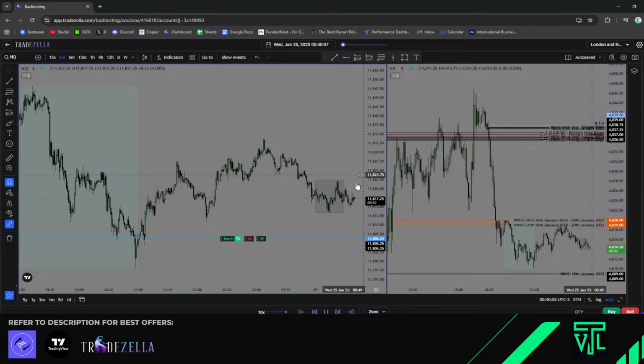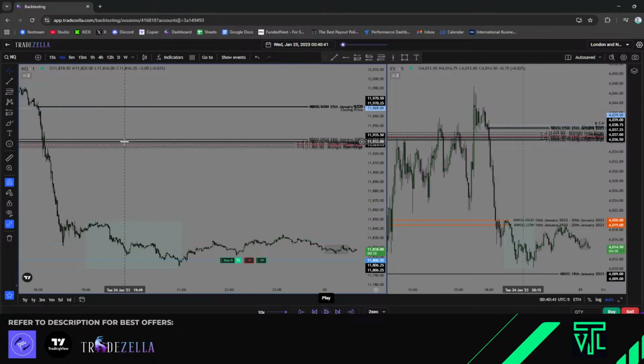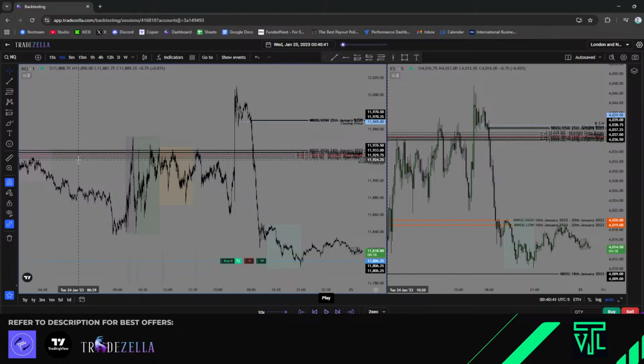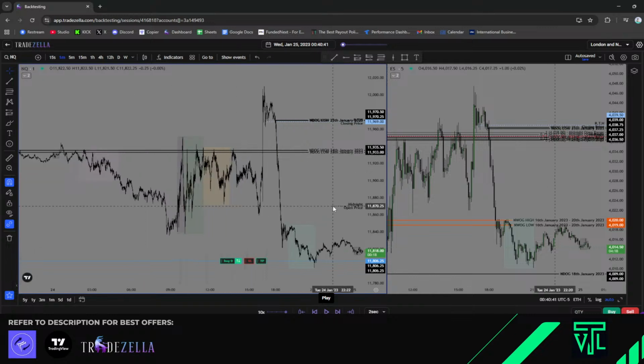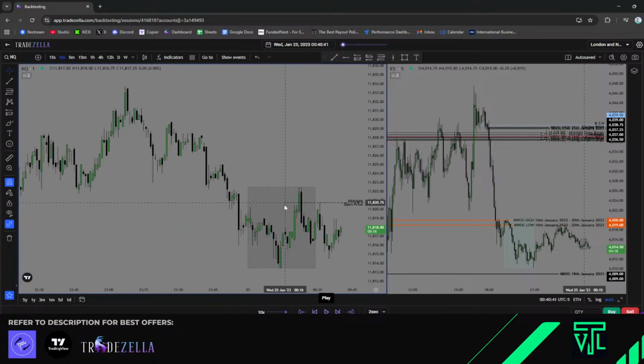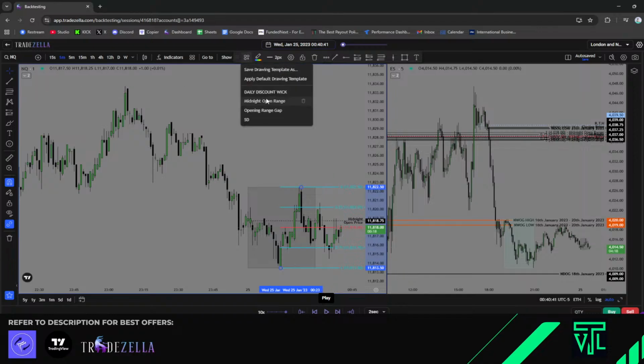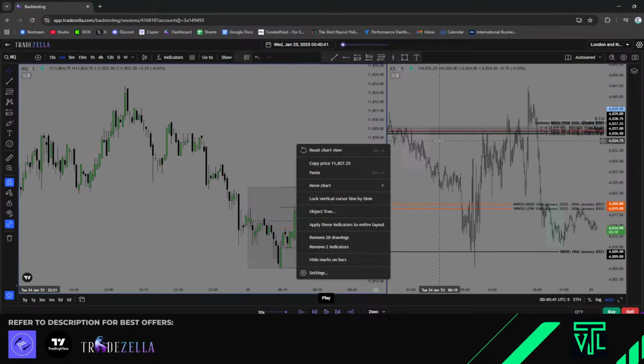So we have got our midnight open range here. Let's annotate that. Midnight open range.